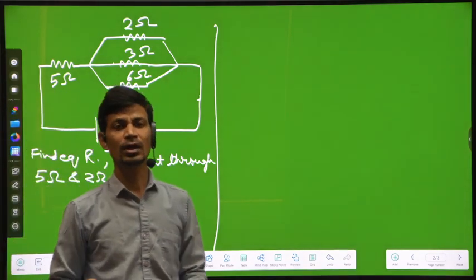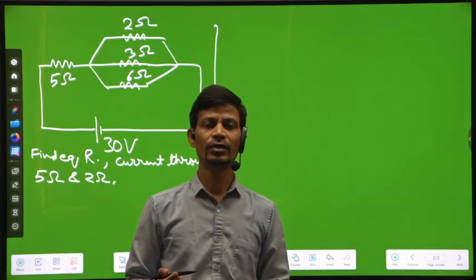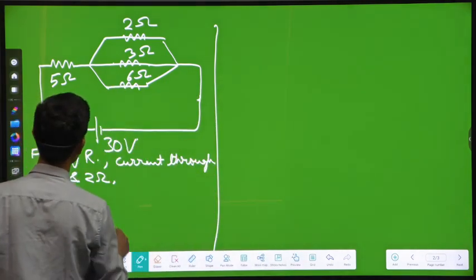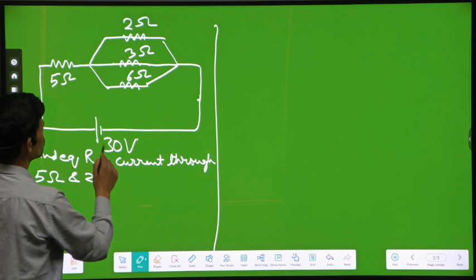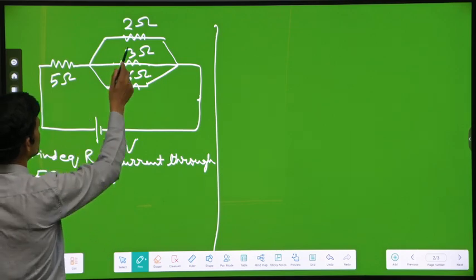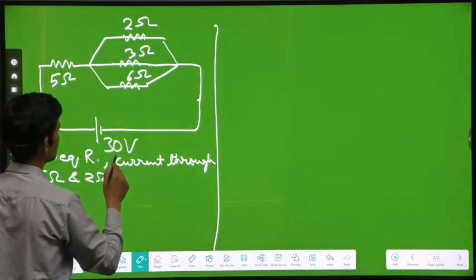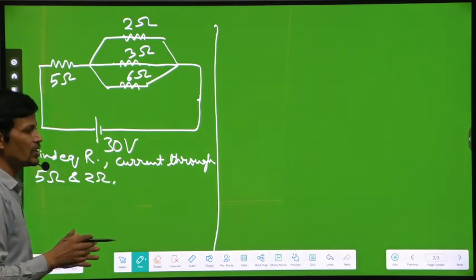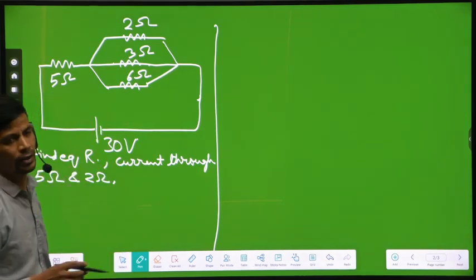They can also ask to find the potential difference across any of the components. Let me remind you, this 30 volt is not solely given to this 5 or this 2 or this 3 or this 6. Potential difference gets divided among the components.